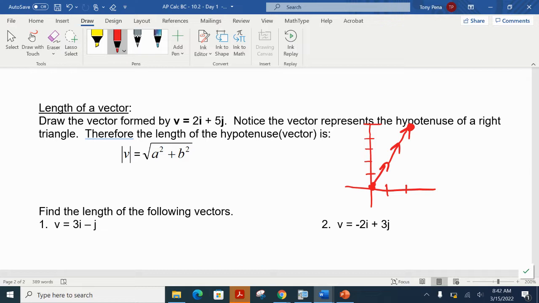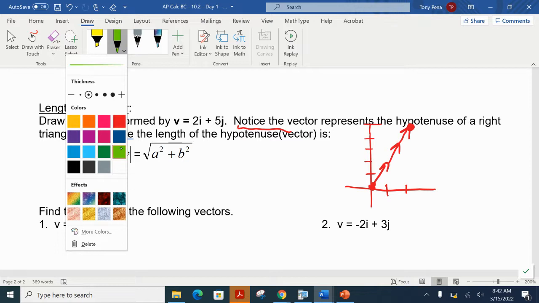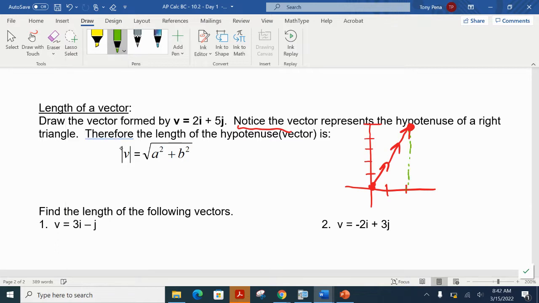Second sentence, reading here, notice the vector represents the hypotenuse of a right triangle. So you could definitely create a right triangle out of pretty much any vector, most of them. Therefore, the length of that hypotenuse, so this guy right here, isn't that really just the hypotenuse of a right triangle?